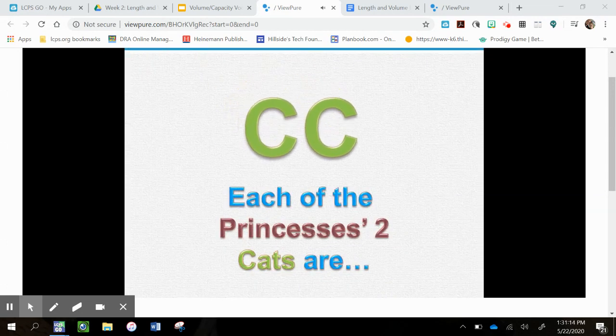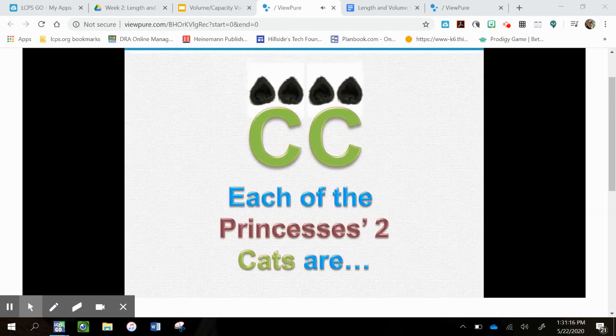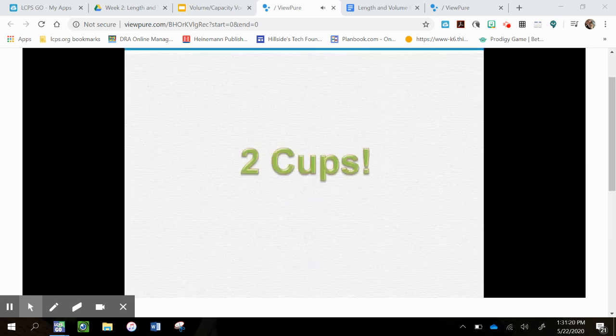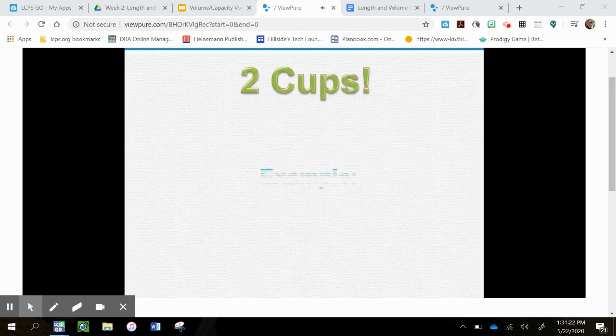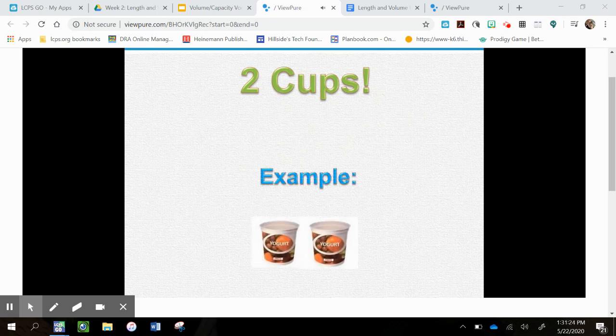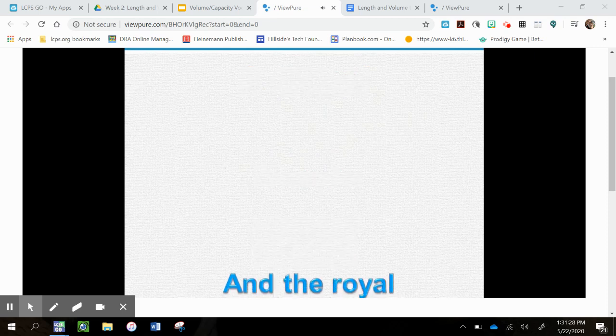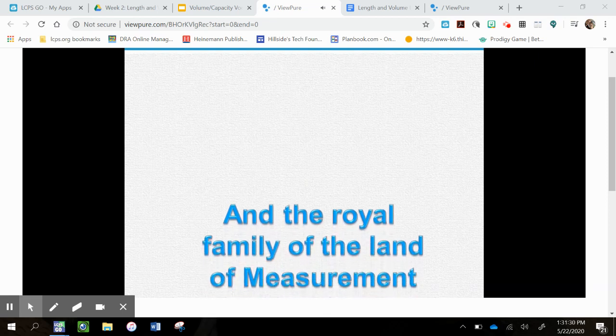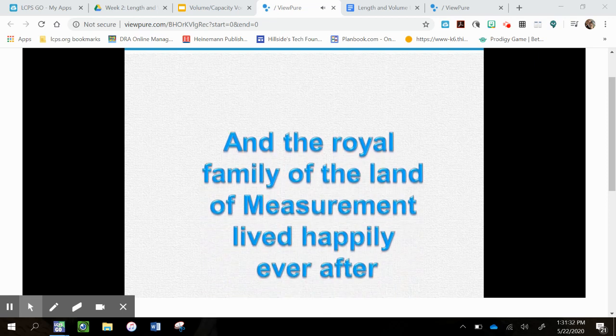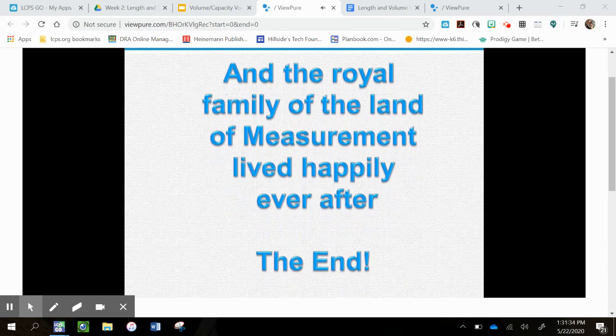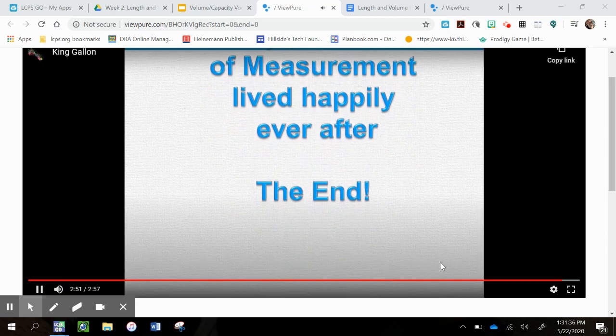Each of the princesses' 2 cats are 2 cups. And the royal family of the land of measurement lived happily ever after. The end.